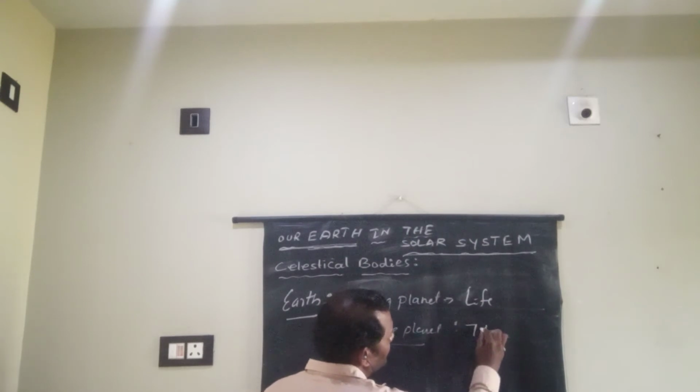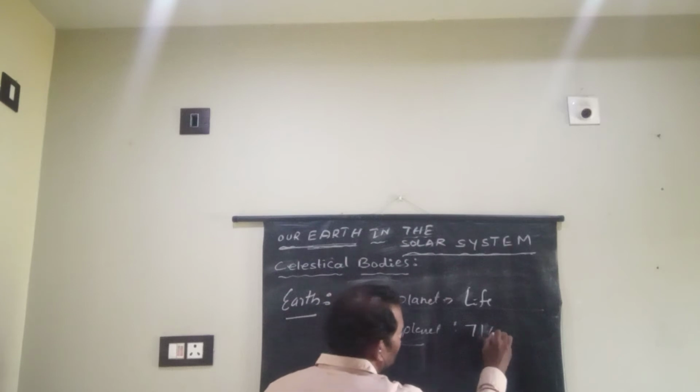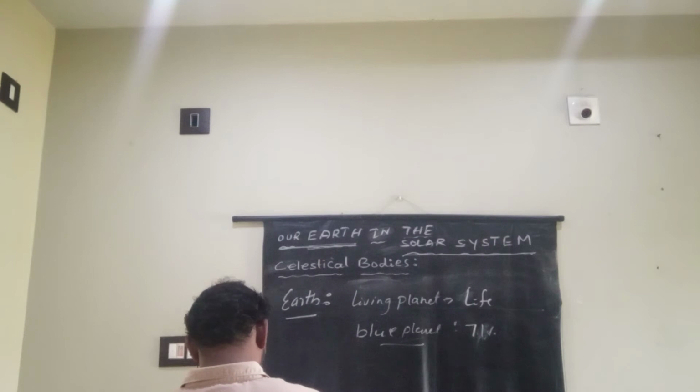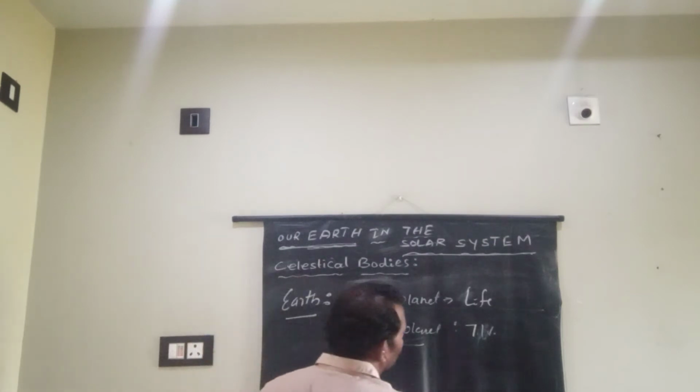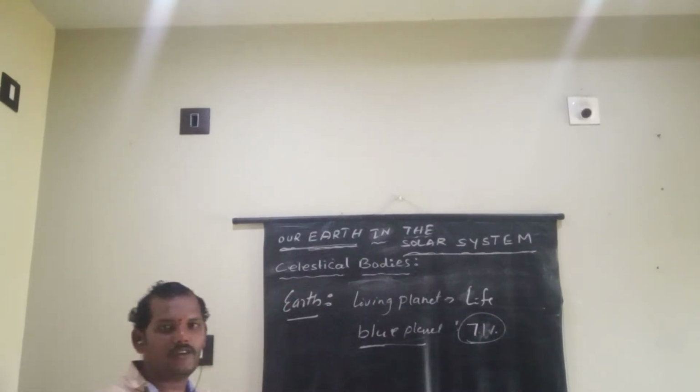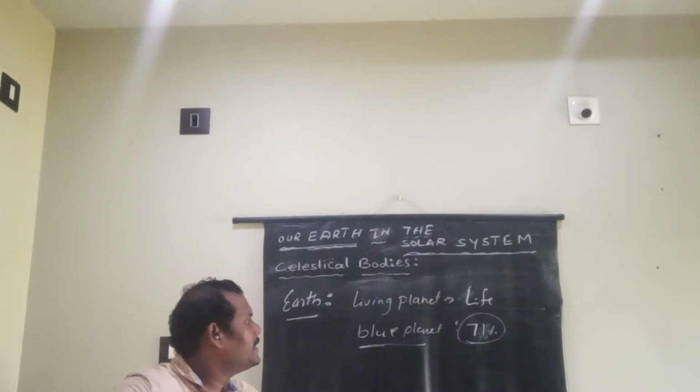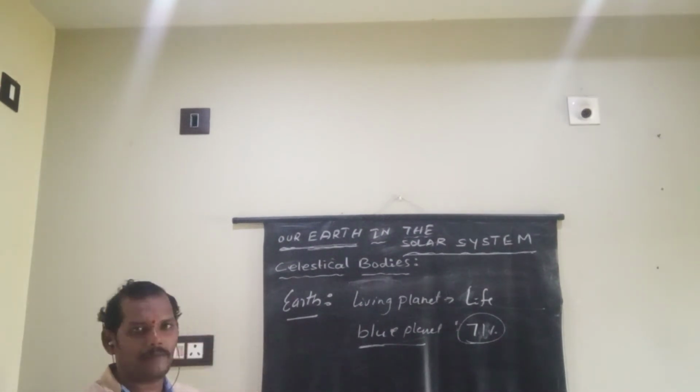Nearly 71% of the earth is covered by water. In that way, it looks blue in color. For that reason, the earth is called the blue planet.